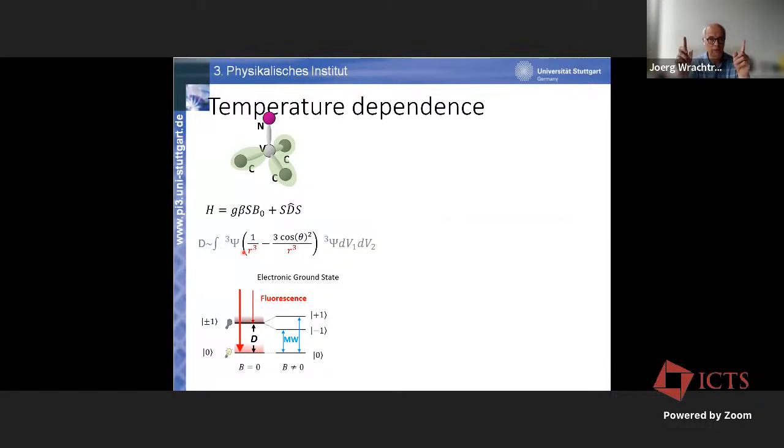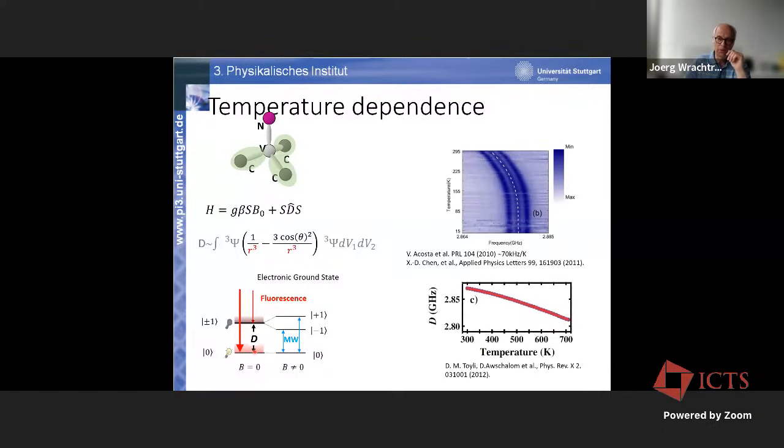If you change temperature, you change the average distance of the two electron spins, and by this you change the dipole-dipole interaction part. And this dipole-dipole interaction part you can measure just by precision measurement of the splitting of two electron spin states, and that's it, right?